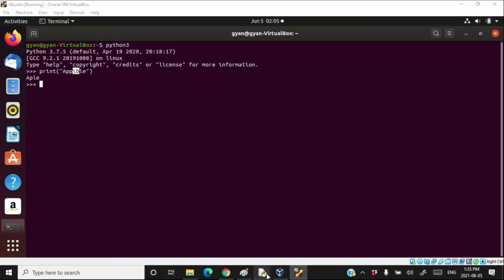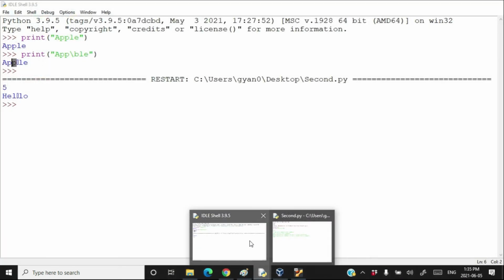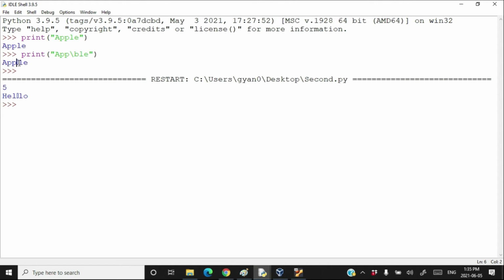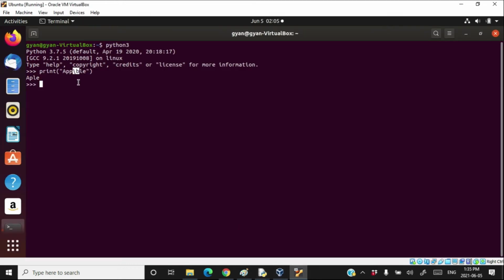Ideally it has not printed, it just has included the code of backspace in the string. But in the case of the Ubuntu terminal, they have erased the previous character from the string. So this was the backspace, means the backward slash b.